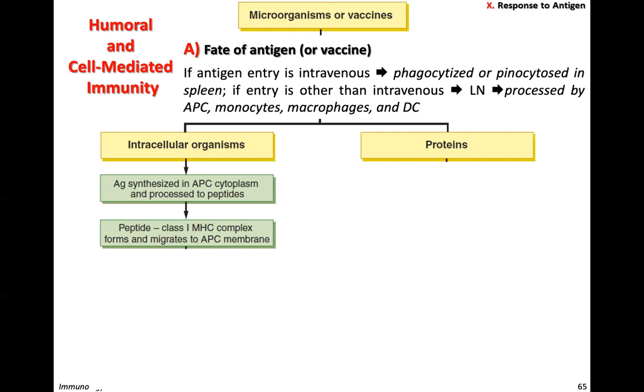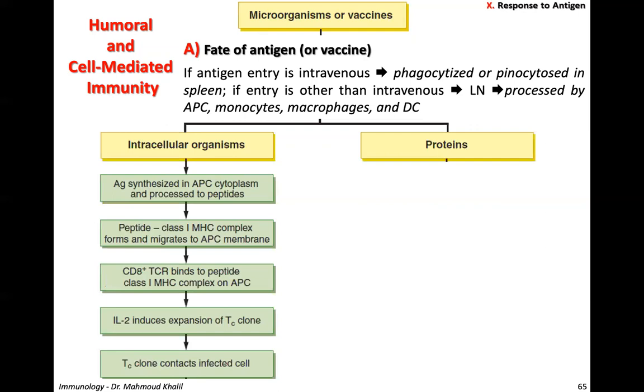If it is an intracellular organism, the antigen from this organism will be synthesized in the antigen-presenting cell cytoplasm and processed to peptides. Soon after that, the peptides, together with the class 1 MHC complex, will be expressed on the membrane of the antigen-presenting cells.